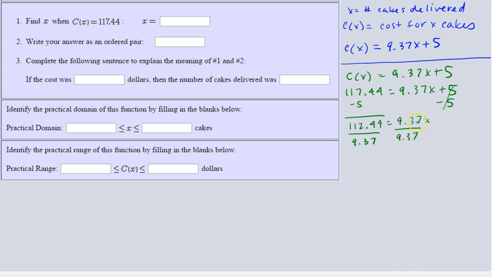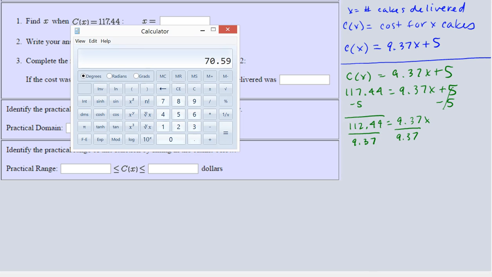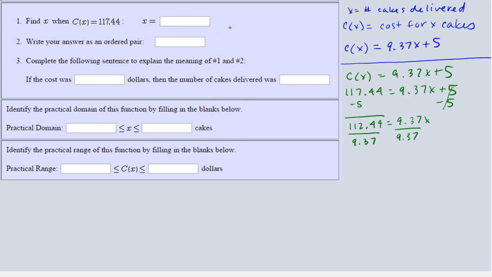So if it's 9.37 per cake and it's 112.44 for X cakes, if we divide these values, we'll find the number of cakes. And we get 12 cakes. So X equals 12.